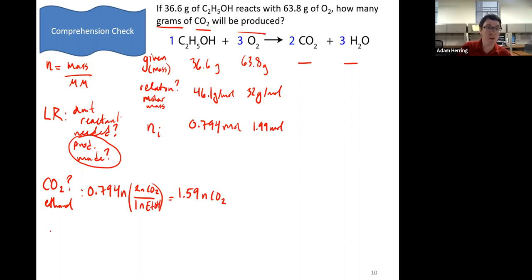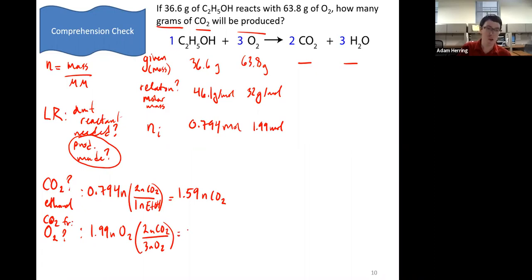If we want to know based on the oxygen, carbon dioxide from oxygen, that's going to be 1.99 moles of oxygen times that ratio, which is 3 moles of oxygen for every 2 moles of carbon dioxide.